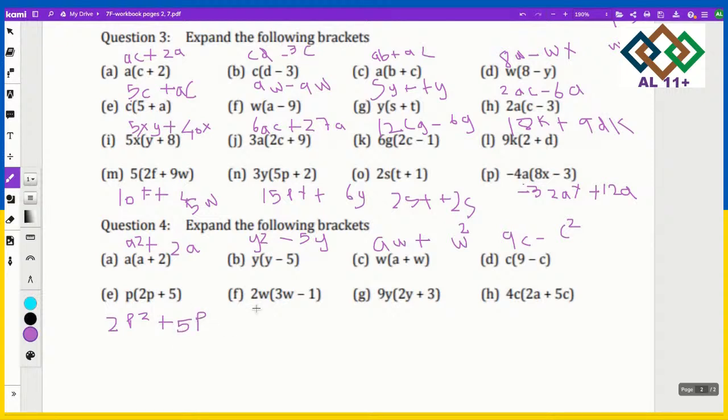Then you have the f, that is 6w square minus 2w. Then you have the g, that is 18y square plus 27y. Then you have the h part, that is 8ac plus 20 square. With this, we have completed the sheet.